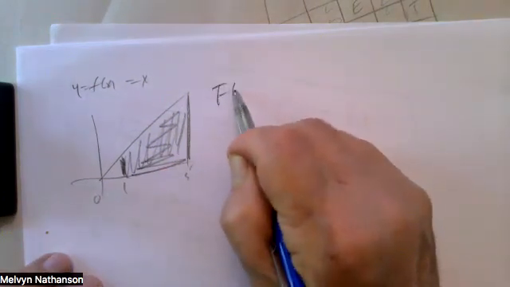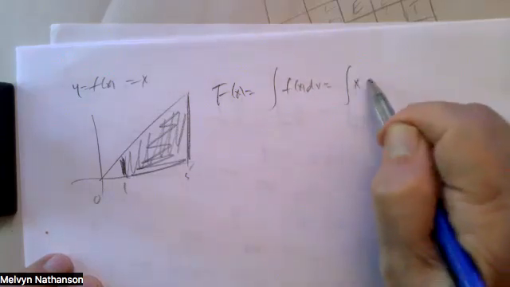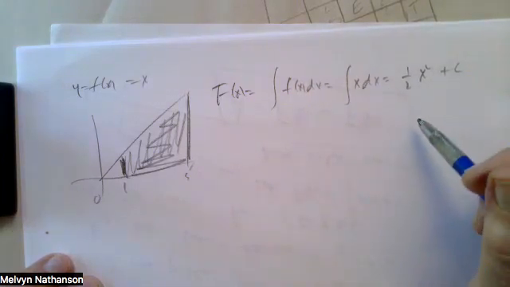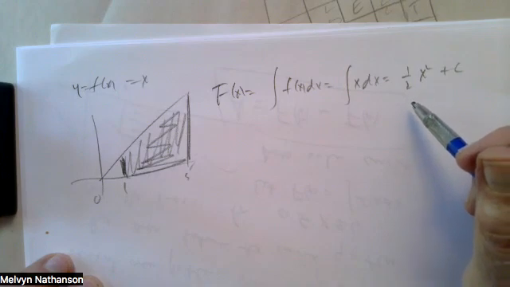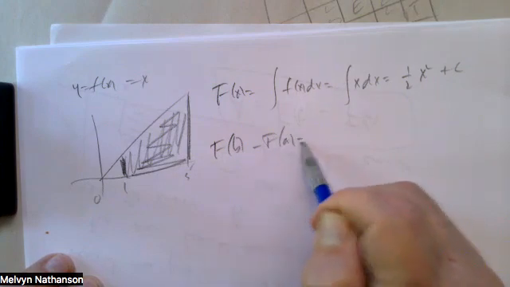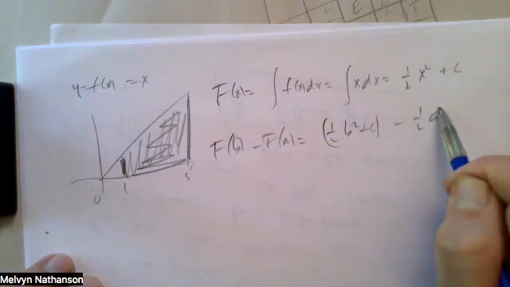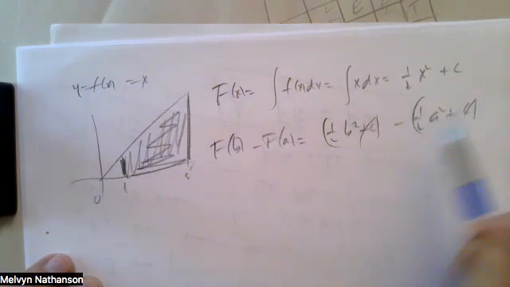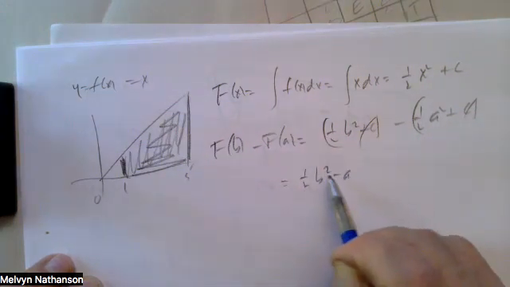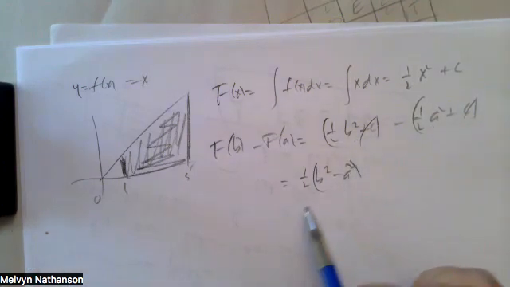So capital F of x, which is the integral of little f of x dx, that's the integral of x dx, which is a half x squared plus a constant. And so if I want to calculate F at some number b minus F at some number a, that's going to be a half b squared plus a constant minus a half a squared plus a constant. The constants cancel, so I could just take the constant equal to 0. That's a half b squared minus a half a squared, which is a half (b squared minus a squared).